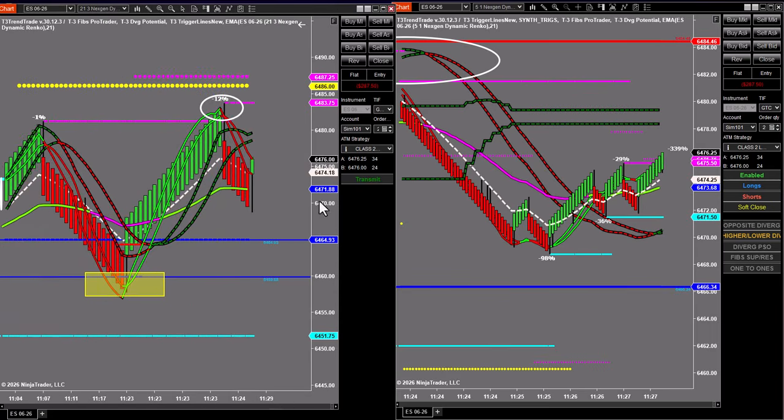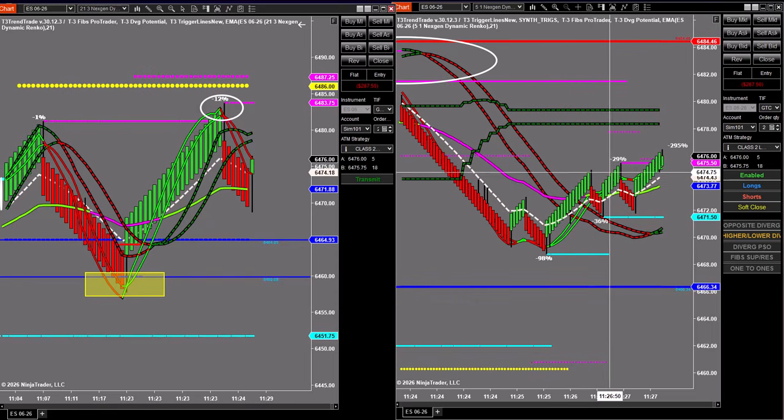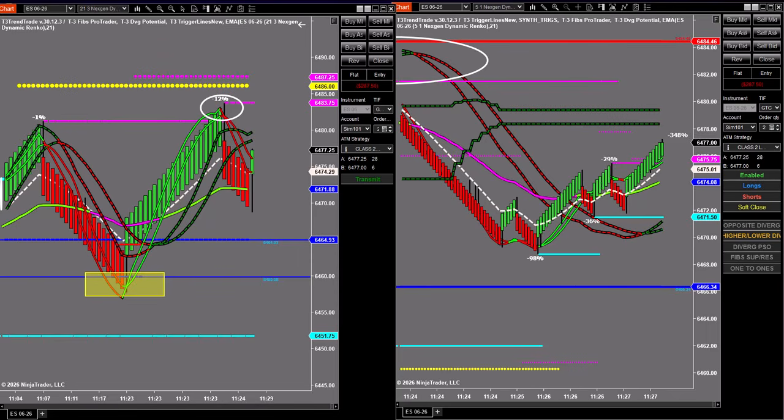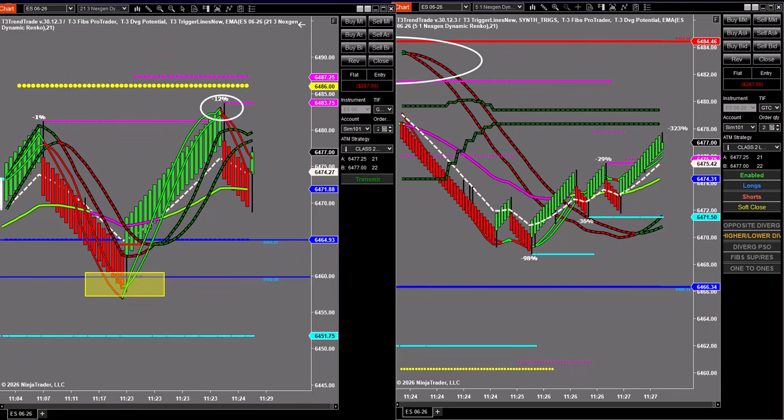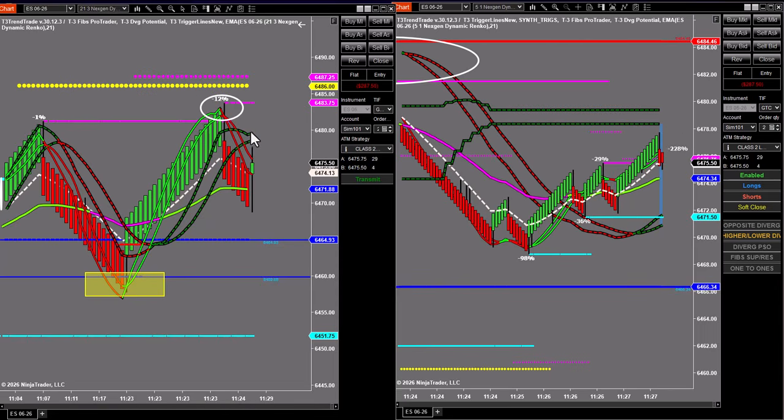And again, I am 100% against thinking about doing short trades on this S&P. I don't think they're ready for that yet. That's just me personally. And the only reason I say it is because I'm looking at my triggers.